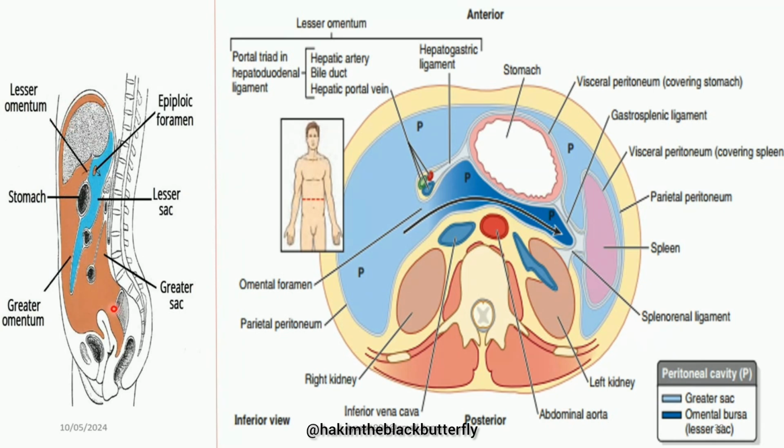Okay, and this that you see behind the lesser omentum, behind the stomach, this is the lesser sac, or the omental bursa. So the bigger compartment of the peritoneal cavity is the greater sac, and then this small compartment behind the stomach, behind the lesser omentum, is the lesser sac, or the omental bursa.